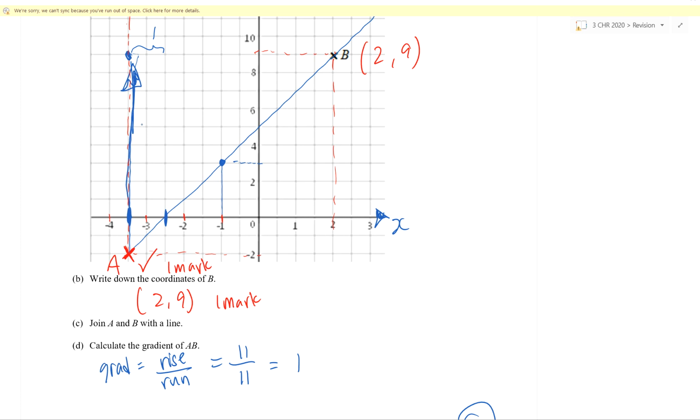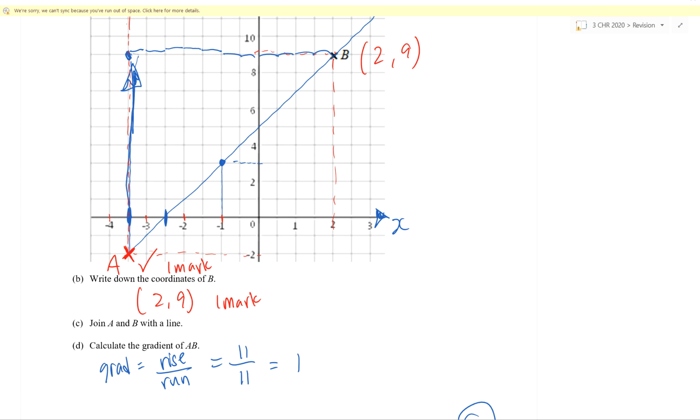So you can count 1, 2, 3, 4, and so on, or we can go half, 1, 1.5, 2, 2.5, 3, 3.5, 4, 4.5, 5, 5.5. So it is 5.5 units to the right. I was misled. I thought the scale was the same.